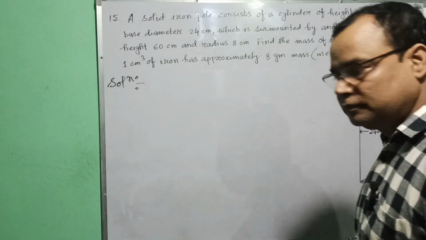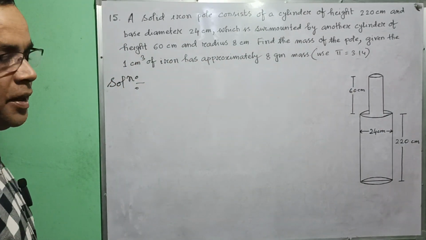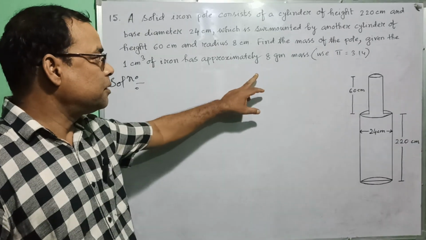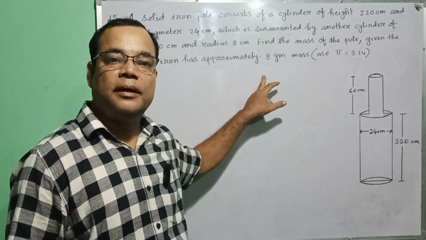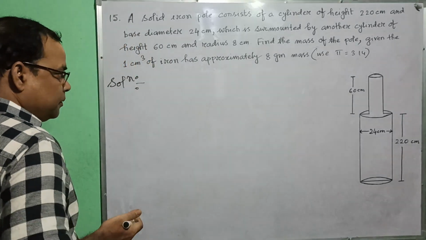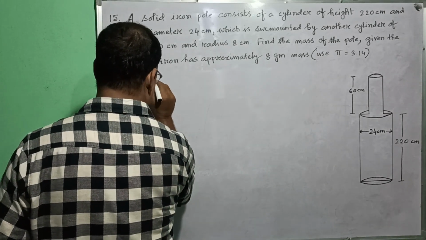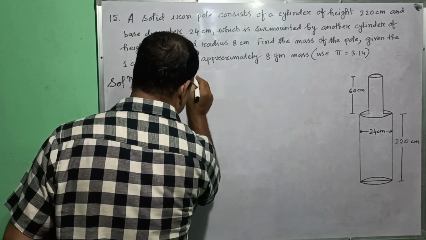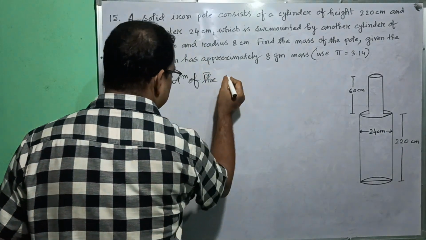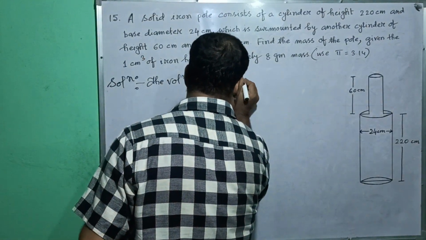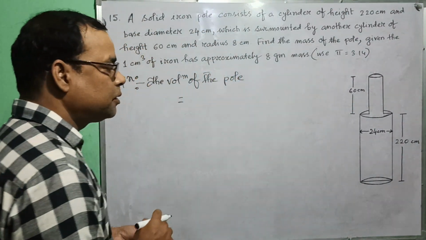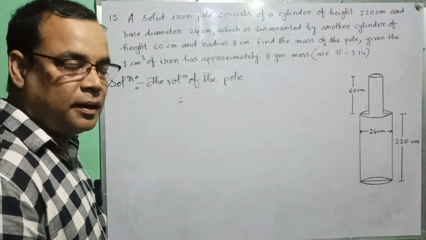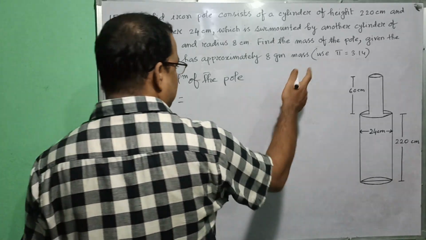So now, first of all we have to find the volume of the pole. And then for the mass we just multiply with 8 to get the mass of the pole. So let us start. We can write first the volume of the pole equal, so both of these are cylindrical, so we know the volume of the cylinder is pi r square h, and the value of pi is 3.14.